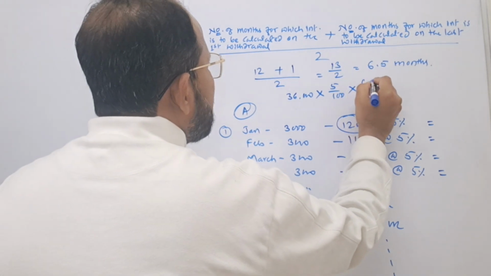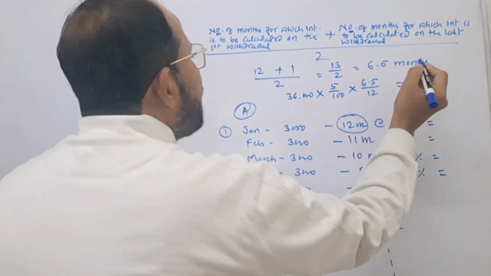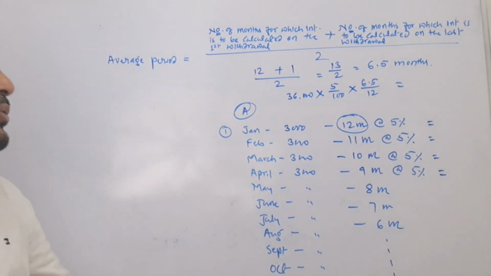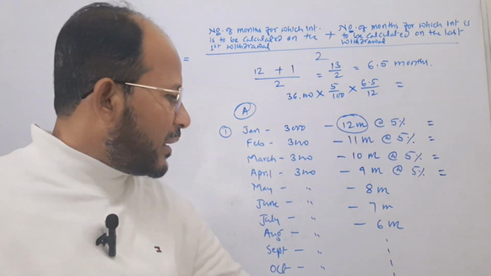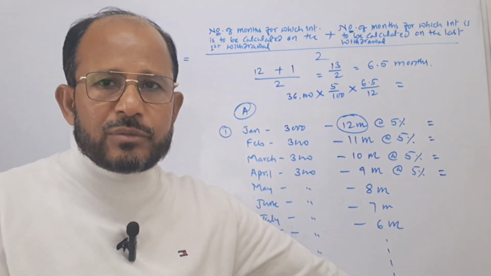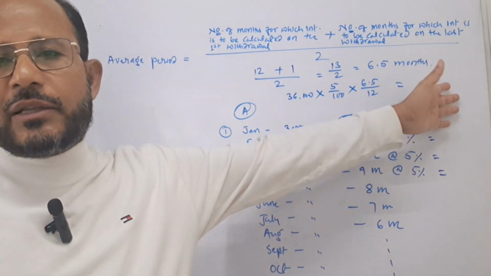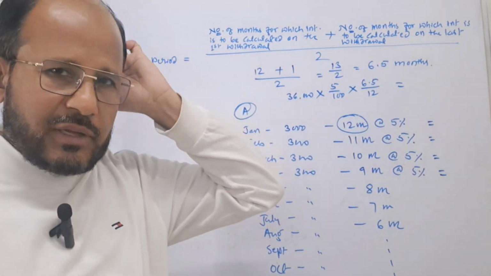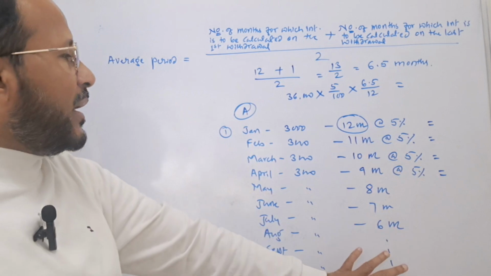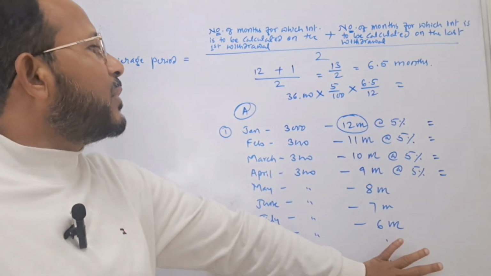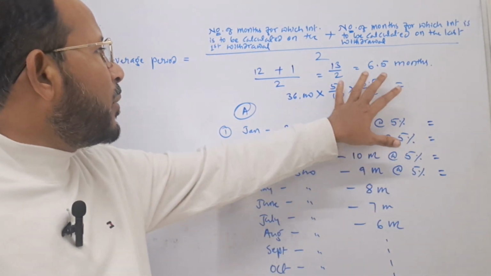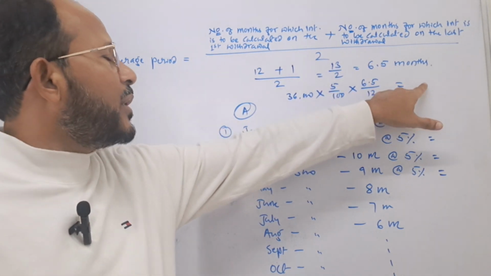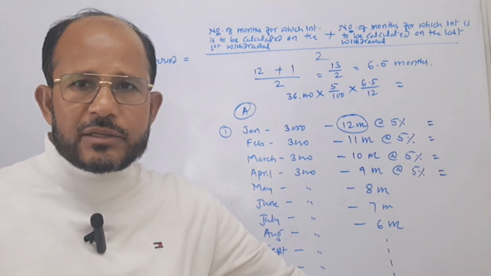Next one is 6.5 divided by 12. If we simplify, we are going to get the same result. Assume that here the total amount comes to rupees 1000. Here also you get the same result, rupees 1000. This is not the exact amount that I am telling. If you calculate this by applying this formula, whatever result you get, here also you are going to get the same result.